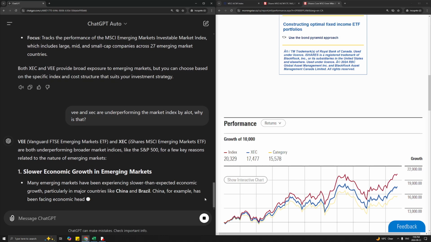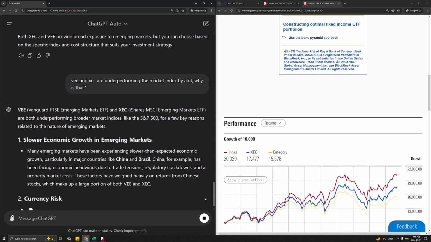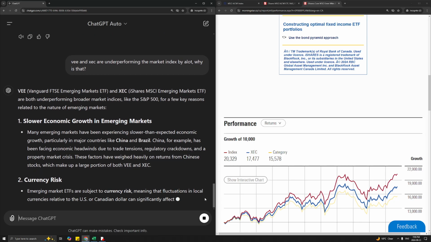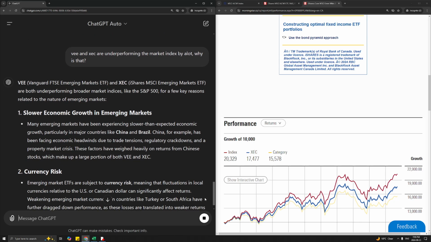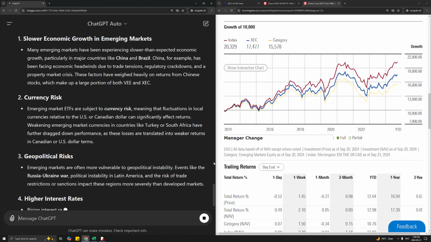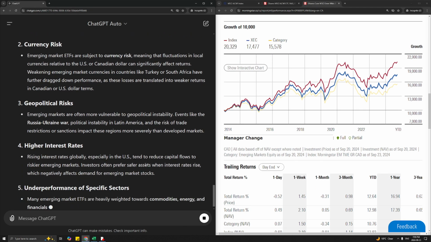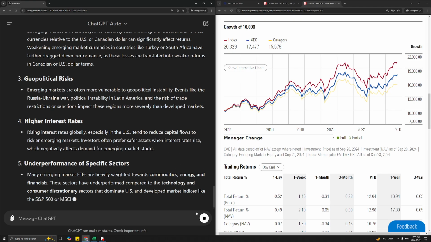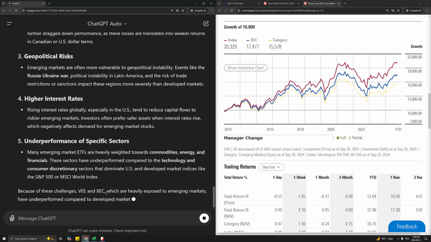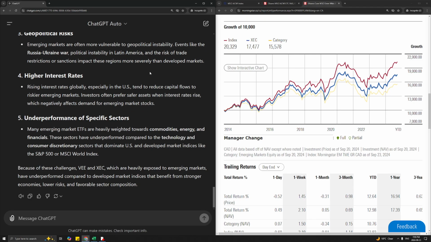Slower economic growth? No. Guys, this sucks. ChatGPT has been sucking, man. Maybe I'm just not asking the right questions. Oh, it's my fault. It's not the AI, it's the guy. All right.